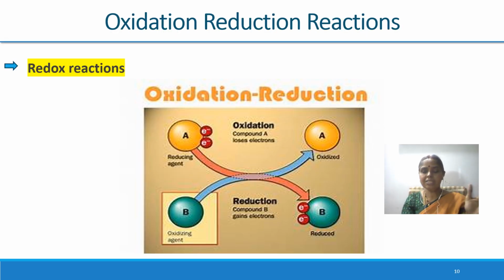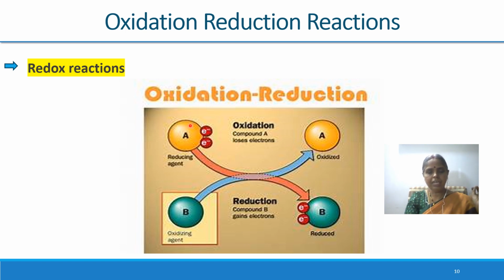Now let us go to the next part of the chapter, which is about oxidation reduction reactions. They are also called redox reactions. You can see here an indicative picture taken from the internet.